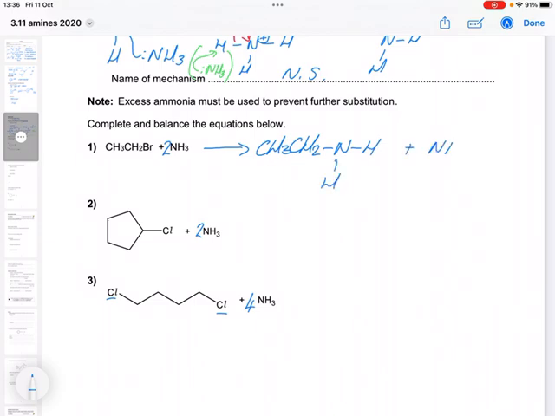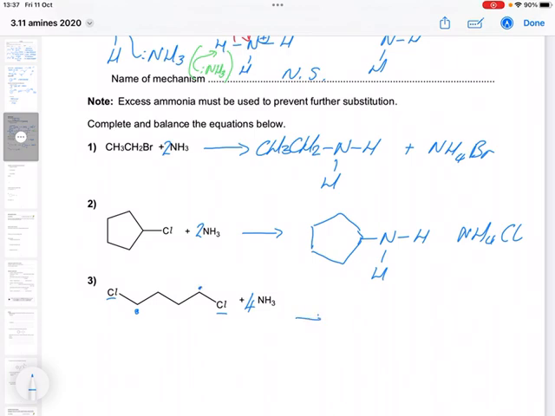And then I'm also going to have NH4Br. And then with this one, that's going to take up one of the positions in the ammonia. And then the second one is going to give me NH4Cl.